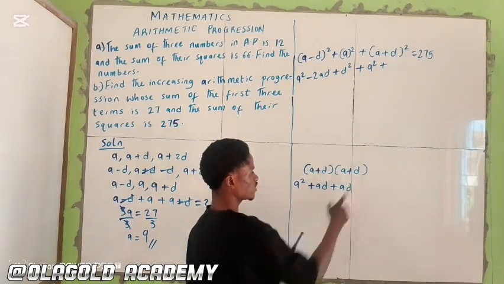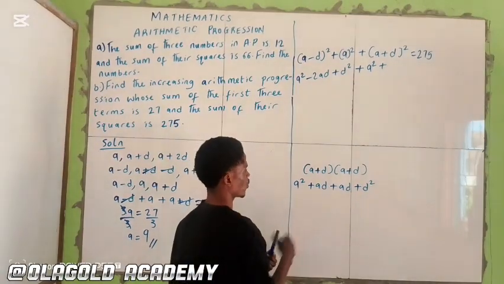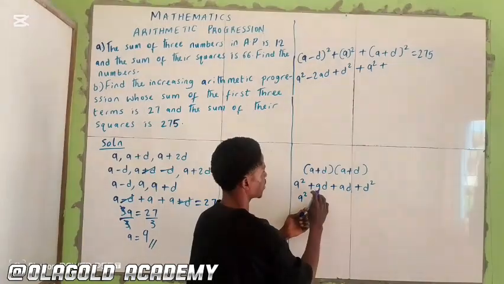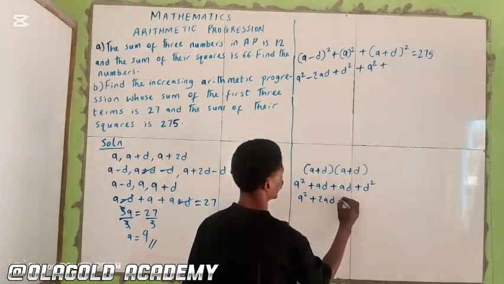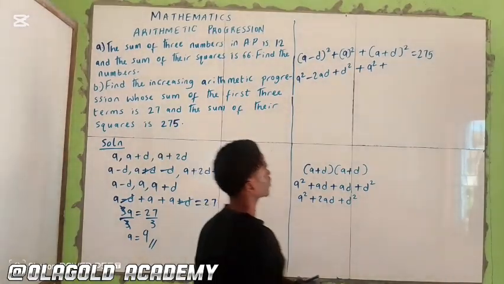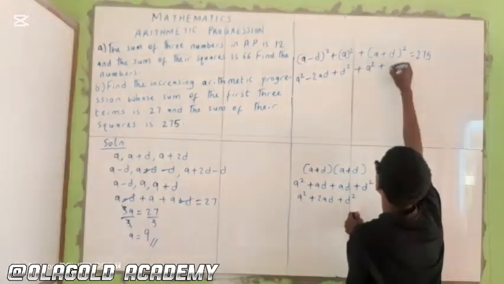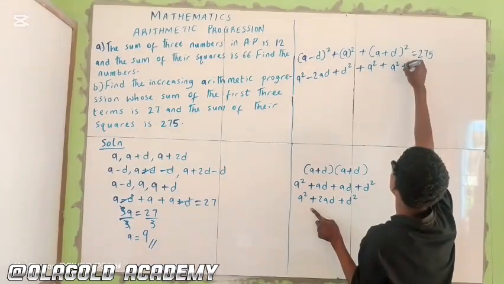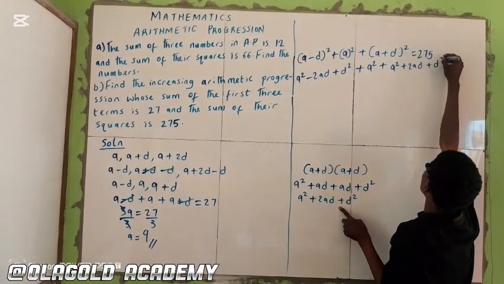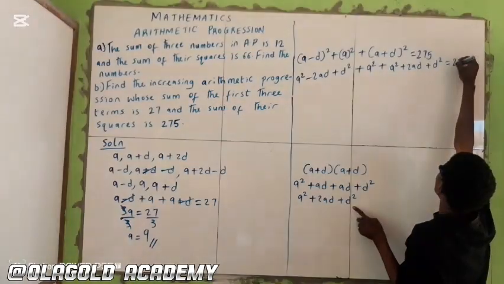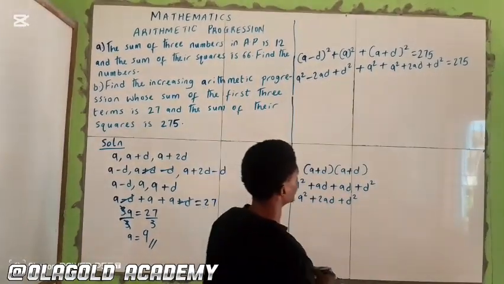Plus D times plus D will give us plus D squared. All right. So we're going to have A squared plus 2AD plus D squared. So you have plus A squared plus 2AD plus D squared equals to 275. So we have this.